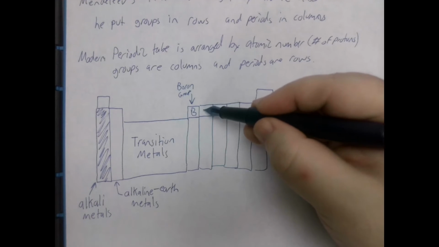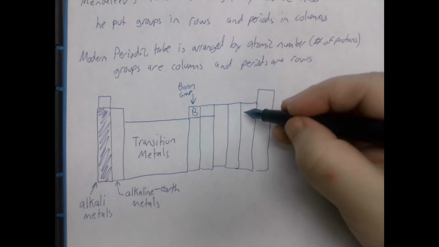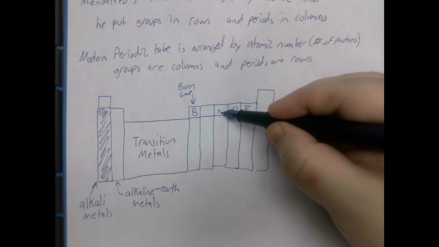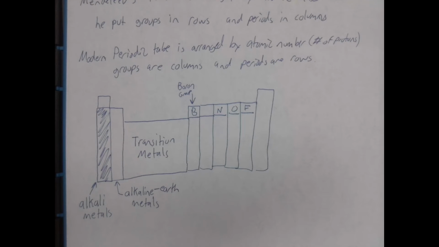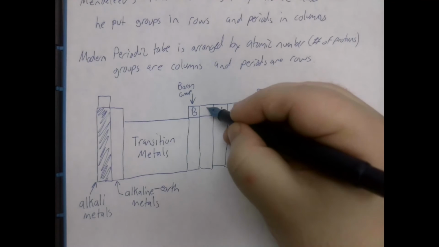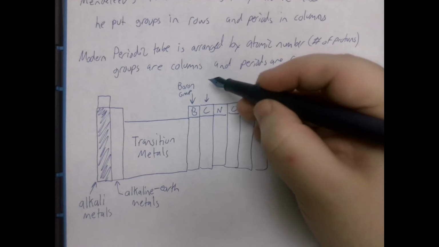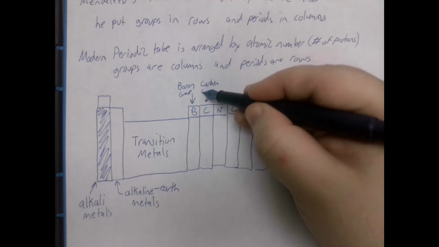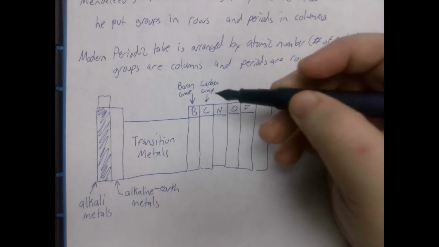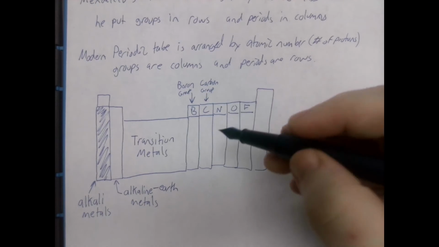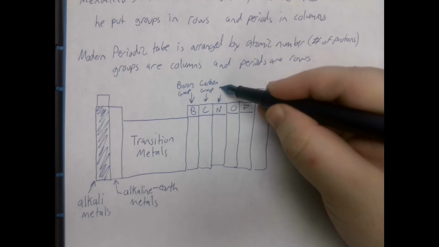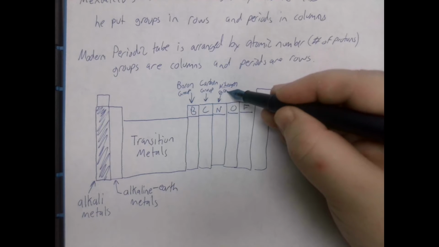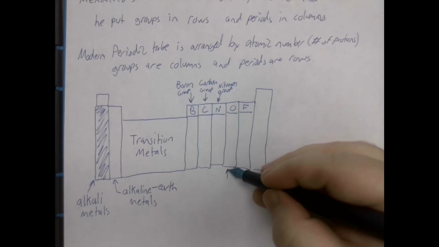And fluorine, oxygen, nitrogen, and what goes in between? Carbon. So what is this group? This is the carbon group. Nitrogen group. So this is the oxygen group.